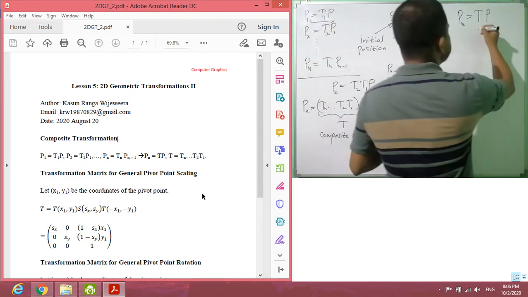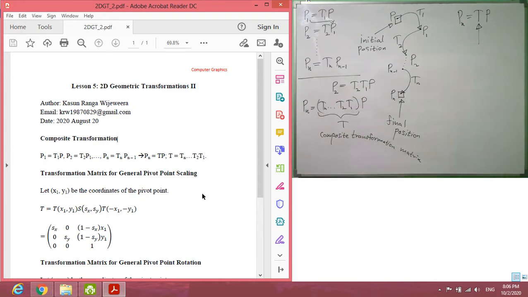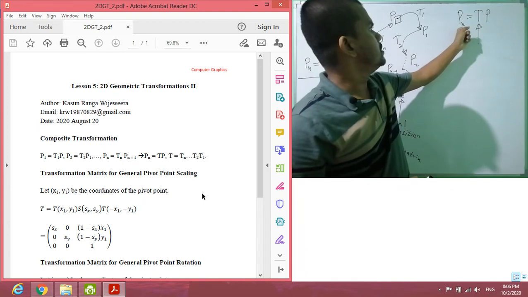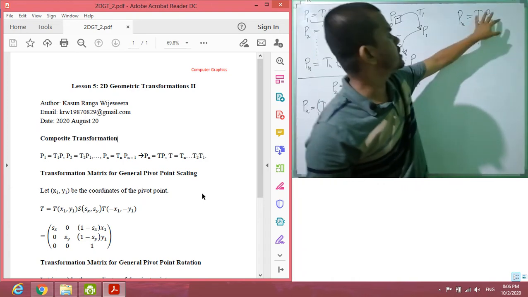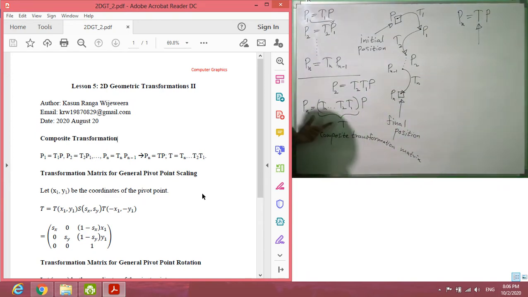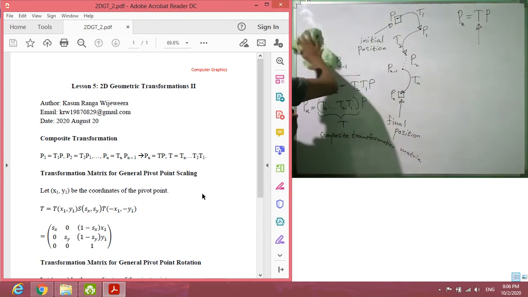What we have to do is compute this matrix, and we can directly compute the coordinates of Pn just by multiplying T and P. So this is how we should find the value of T. That is the idea of composite transformation. This is very useful. Then let's see how we can apply this one.